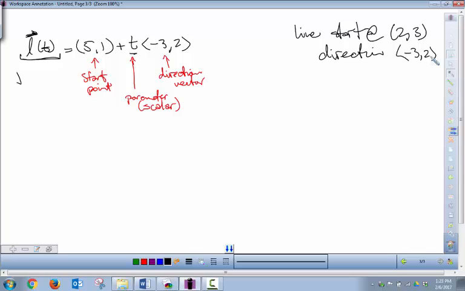Right? So this has the same direction as the line, whether you're going the same direction or the opposite direction. It's still going to be in the direction of the line. And this is a different point on the line. So let's call this L2 to differentiate from our first L.